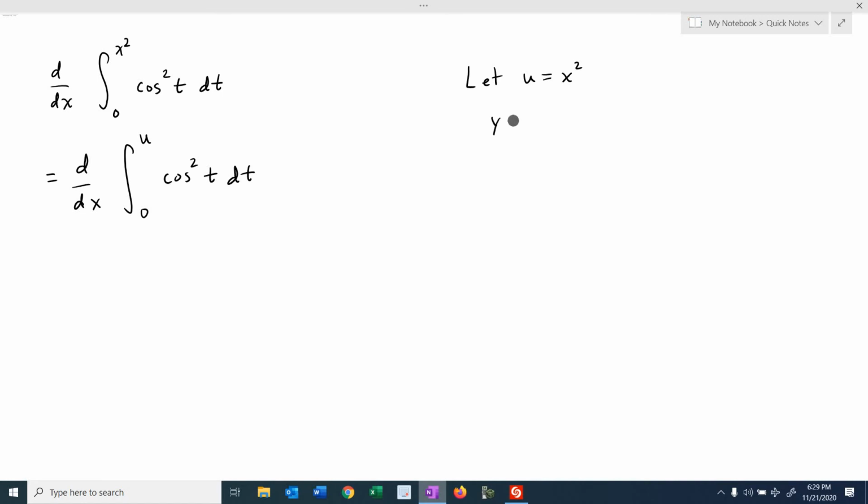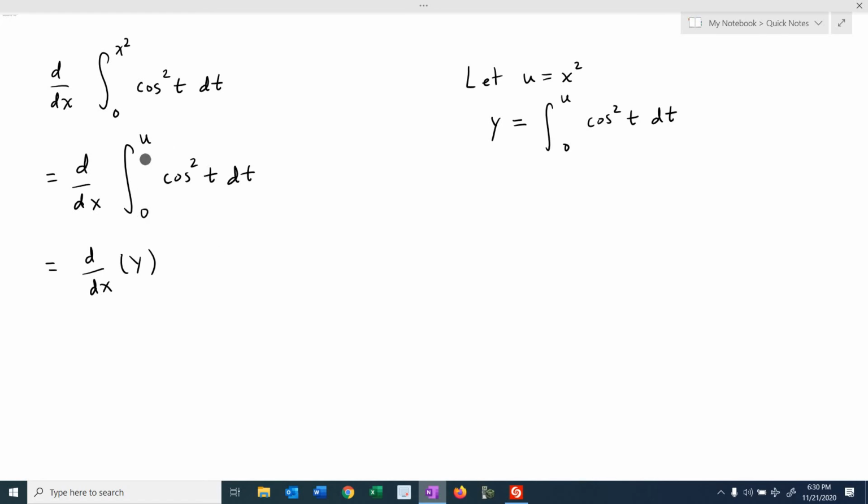Okay, and just to make things a little bit easier, I'm going to call this definite integral y. Okay, and so then we're really just taking the derivative of y with respect to x.